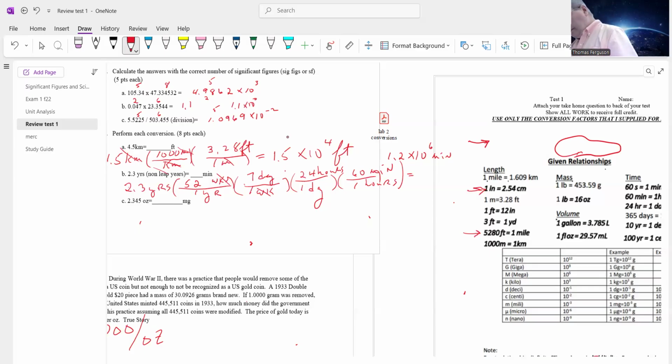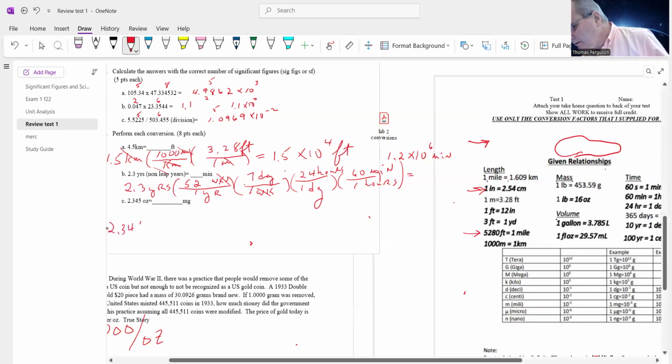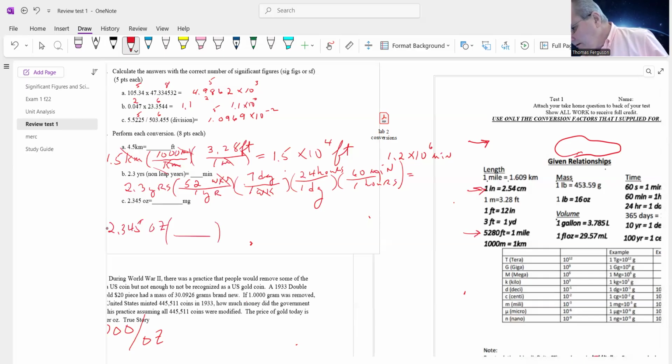Okay, so we're going to go ounces to pound, and then pound to gram.